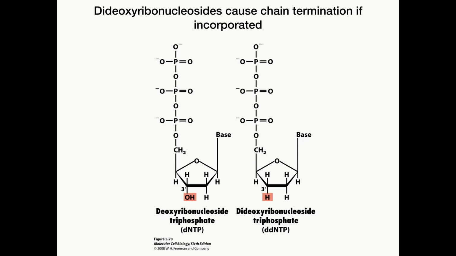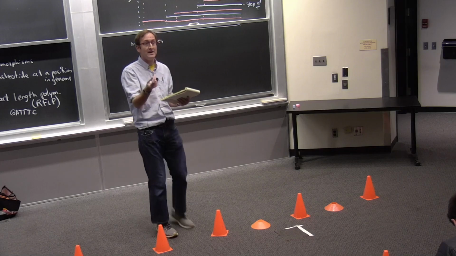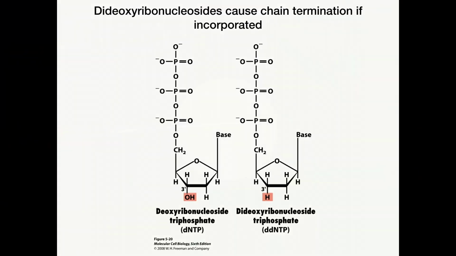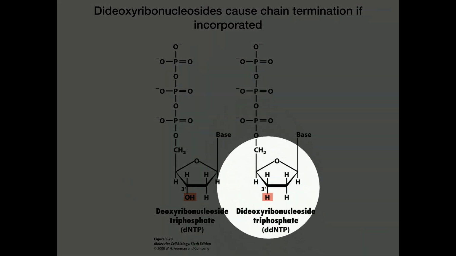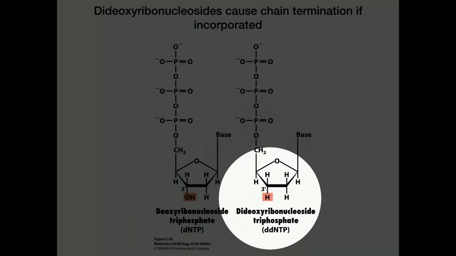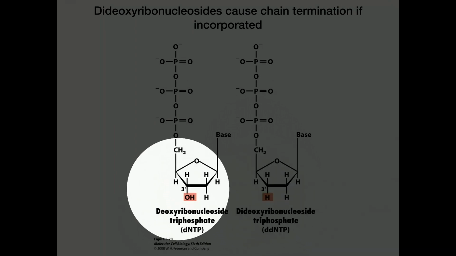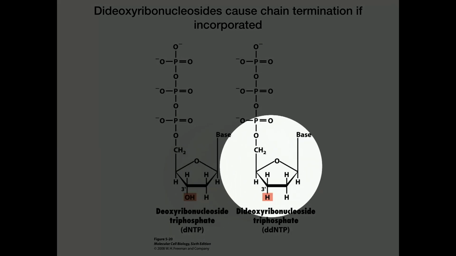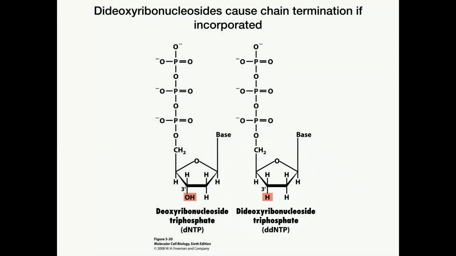And so this dideoxy nucleoside triphosphate is a nucleoside triphosphate that lacks a 3' hydroxyl. Okay? Here, I'll highlight that. So you see this guy? You see the highlighted H? There's a hydrogen there on the 3' carbon rather than the normal hydroxyl group, okay? So if this base gets incorporated into an elongating chain, right, DNA polymerase is not going to be able to move on, okay?